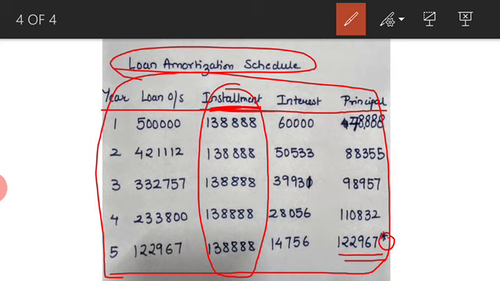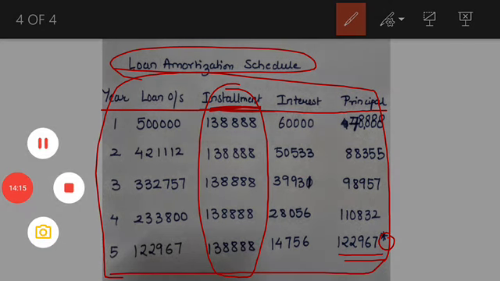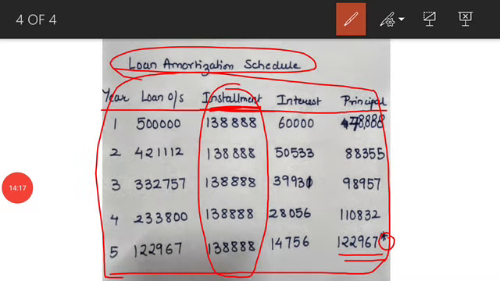Okay, I'll just give you a hint. You have to use M in case of the second problem. So how do you use it? Depends on you. In the next video, I'll be helping you out with the answer of that particular problem. I hope you're clear with this loan amortization schedule. Kindly go through the video again and then solve the two problems which are given to you. Thank you.